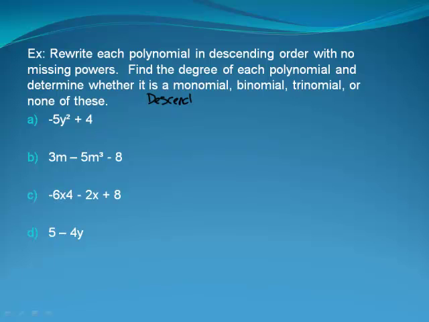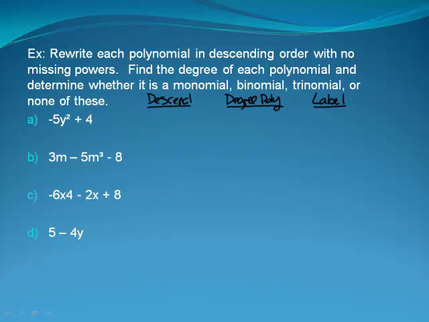Okay, so that's the first thing we're going to do, descending power order. No missing powers, so we're going to put in 0 coefficients if we need to. Then we want to determine the degree of the polynomial. So the highest powered term will be the same as the degree of the polynomial. And we want to then label it more specifically as monomial, binomial, trinomial, or none of these.